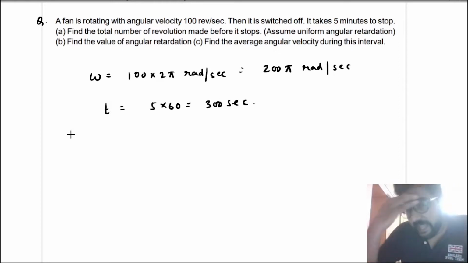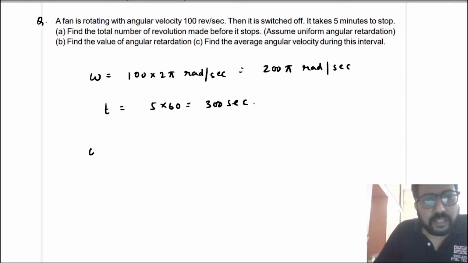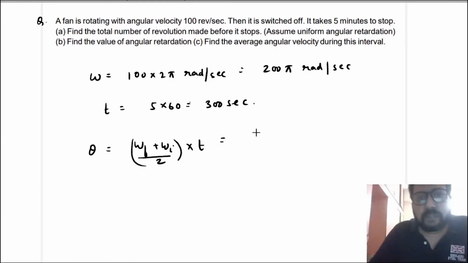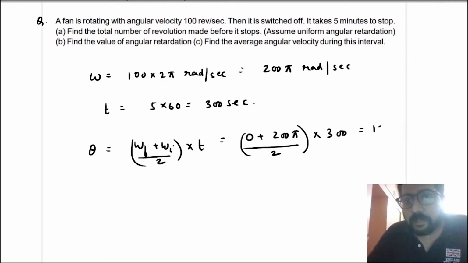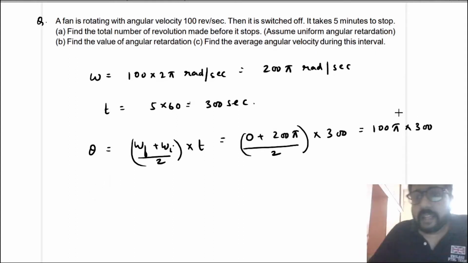So we need to find the angle theta. Now you know that theta is equal to omega final plus omega initial by 2 multiplied by t. So this can be written as 0 plus 200 pi by 2 multiplied by 300. That will be equal to 100 pi multiplied by 300. So this is the angle rotated.